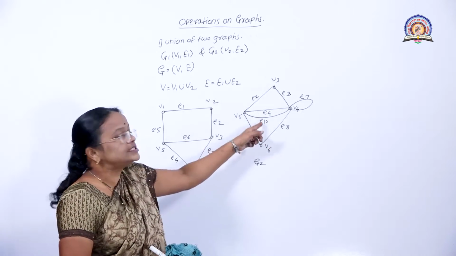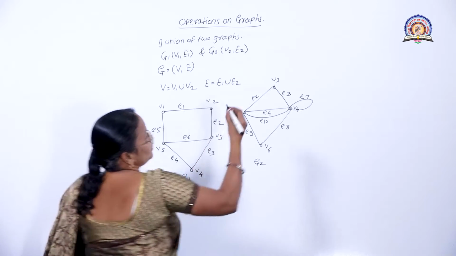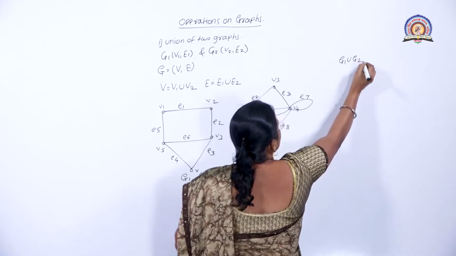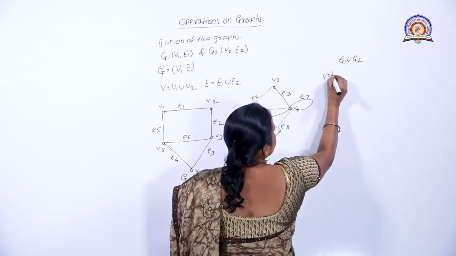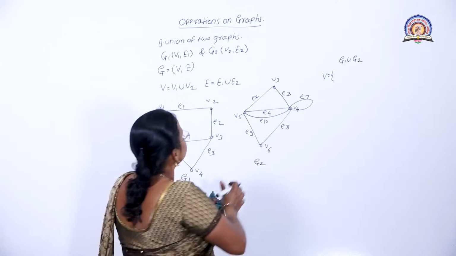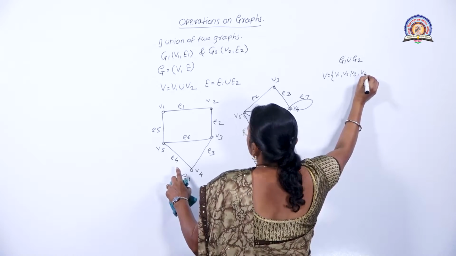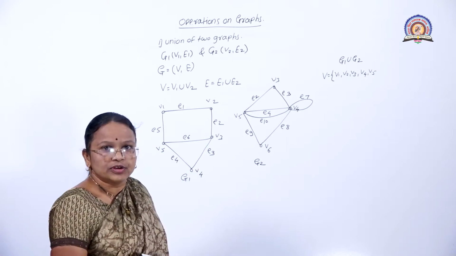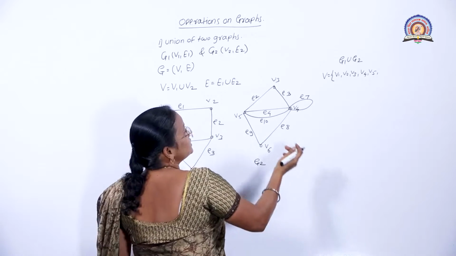In G1 union G2, I first write the vertex set V, the union of these two vertex sets: V1, V2, V3, V4, V5 from the first graph, then the remaining vertices from the second graph.